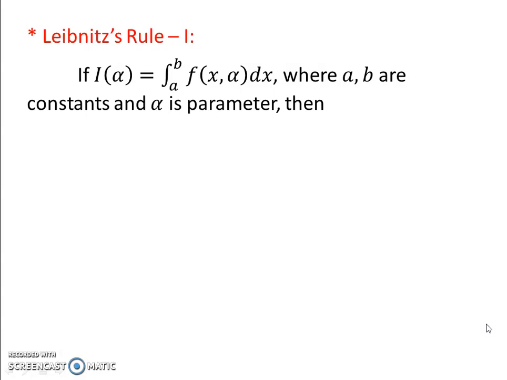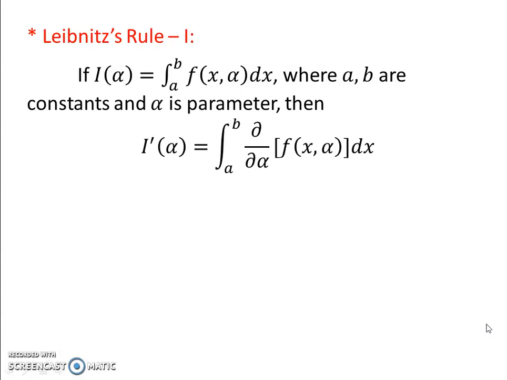So, Leibniz rule states that we can differentiate this integration with respect to alpha, and it is given by I dash of alpha equal to integration a to b, partial derivative with respect to alpha of f of x, alpha dx. It is the partial derivative of f of x, alpha with respect to alpha under the integral sign.